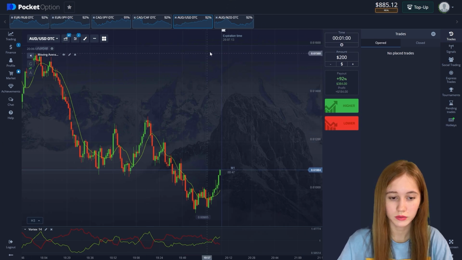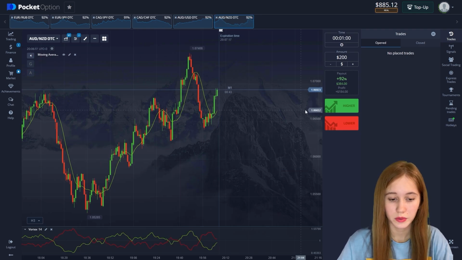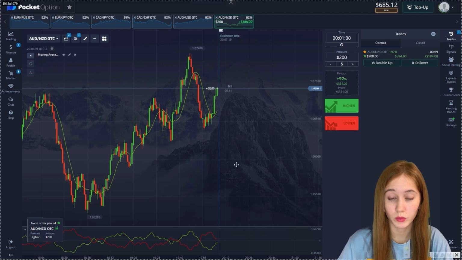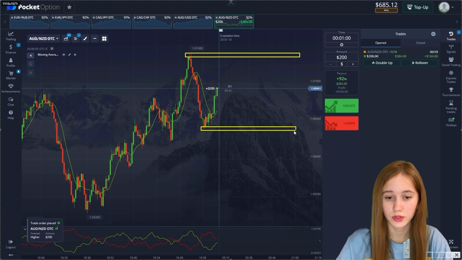Here we are, open up and we start our technical analysis. What we see here, we see it was drawdown and quite large growth. Upper is resistance area, below support area.